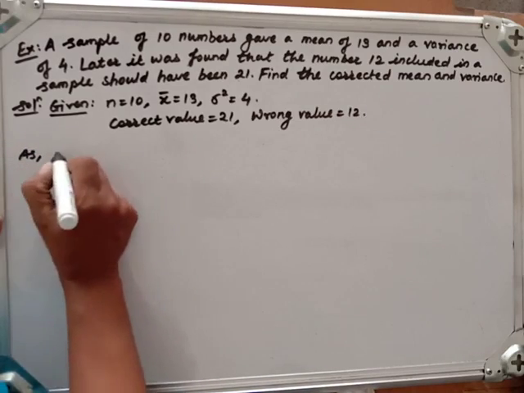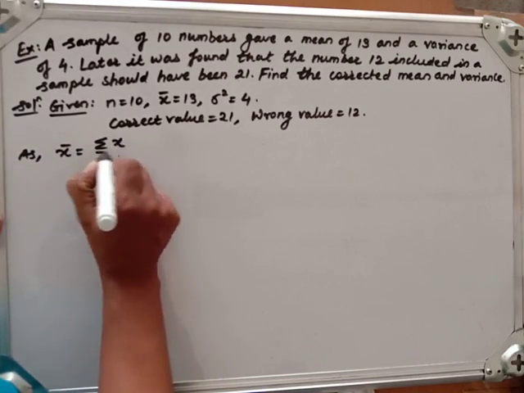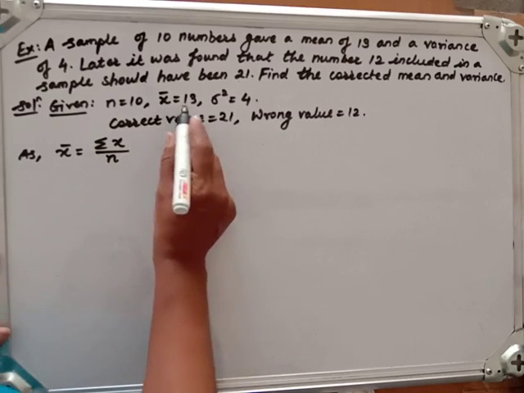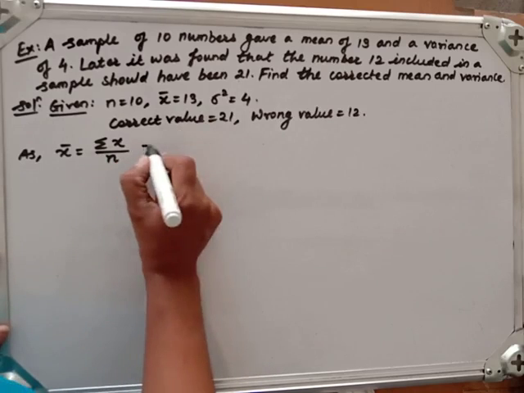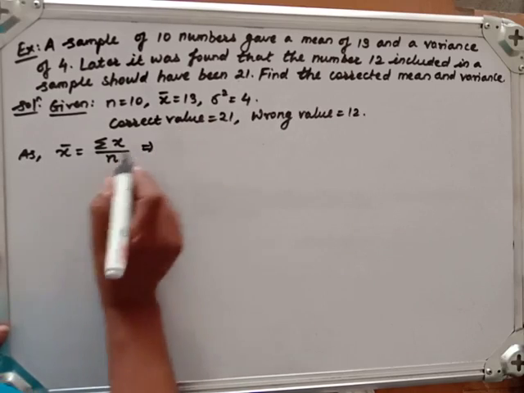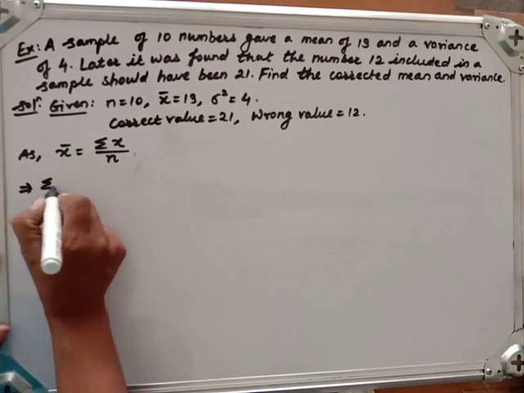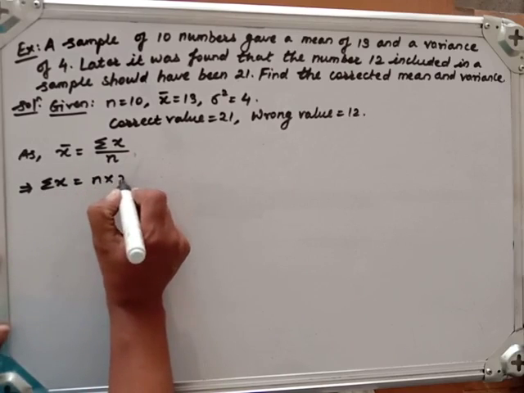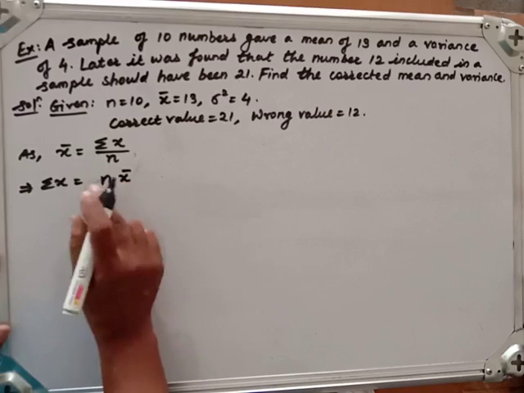Now, x bar is equal to summation x upon n. So x bar is with us, summation x is not with us. From this, summation x is equal to n times x bar.